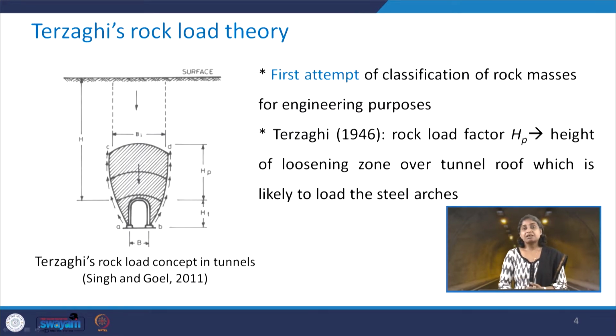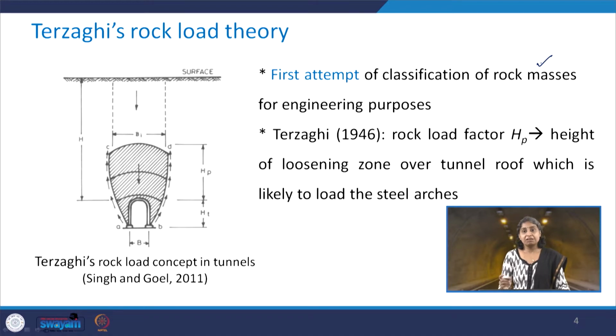Now, let us learn about Terzaghi's rock load theory. Basically, it was the first attempt at classification of rock masses for engineering purposes. There were many, but they were not used for engineering purposes. So, when Terzaghi proposed this theory in 1946, it was the first one for engineering purposes.